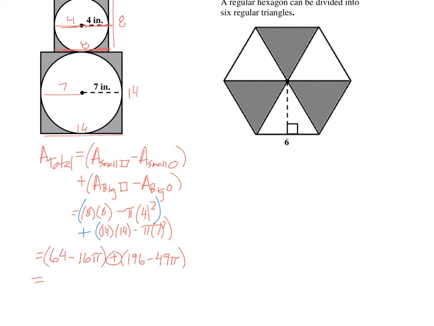So I could drop all the parentheses, and I could add these like terms here, which gives me 260. And then I have negative 16 pi minus 49 pi. This is where students do all this work, they're getting everything, and then they forget the negative. Watch out for it. All right, so negative 16 pi minus 49 pi, which is negative 65 pi. All right, and that's your area total.